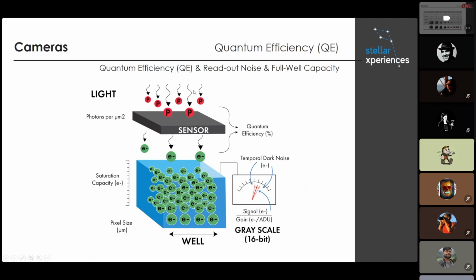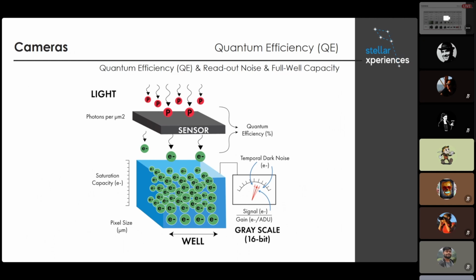The percentage between the electrons created and the photons is called quantum efficiency. For instance, in this example, let's not see the blue box. There are 6 photons and 3 electrons created. So the quantum efficiency of this sensor would be 50%.